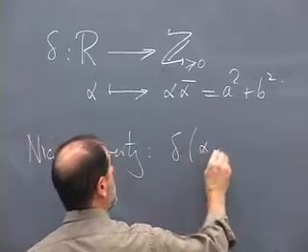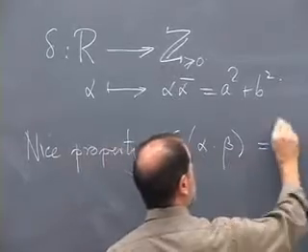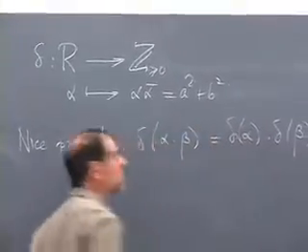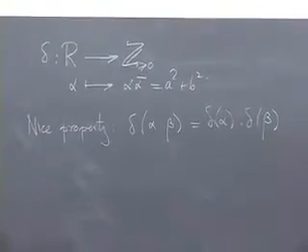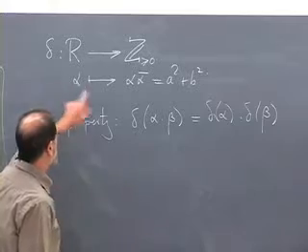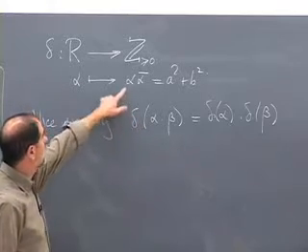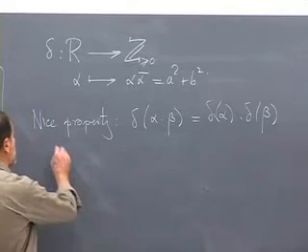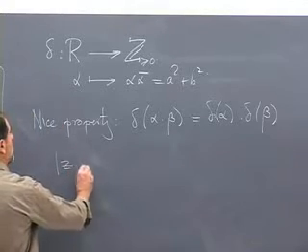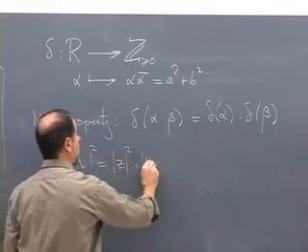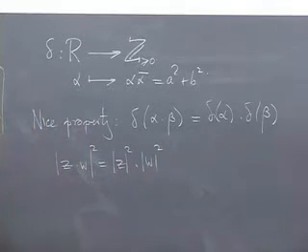Delta of alpha times beta is delta of alpha times delta of beta. It's multiplicative, even though it's not additive, and delta of 1 is 1, of course. This is just because the complex absolute value is multiplicative. Namely, the absolute value of z times w squared is the absolute value of z squared times the absolute value of w squared. That's multiplication in polar coordinates.